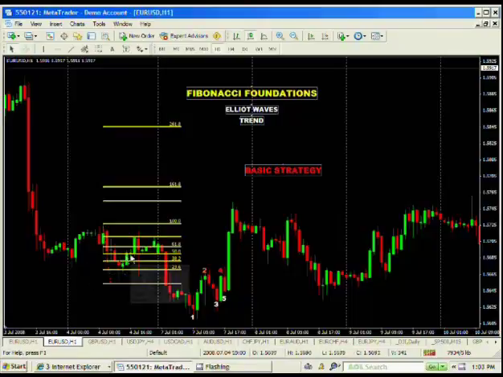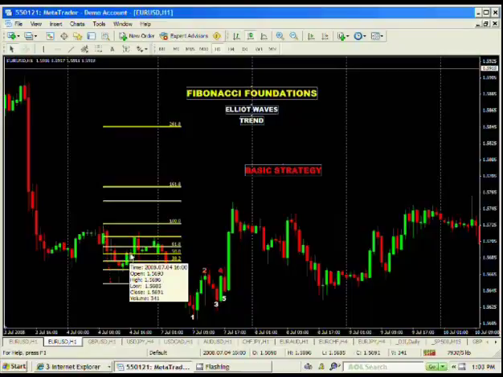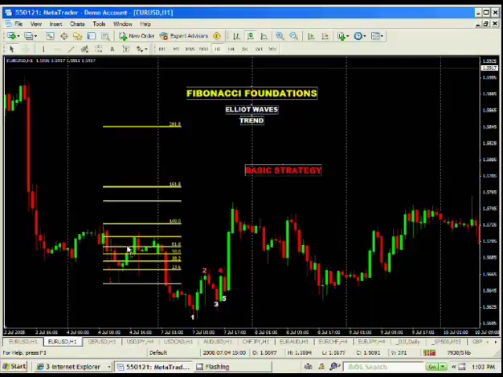And we can see here that on the way back up, price did not stop at 50%. If we were trading our Fibonacci method, we would be entering short right here at 50%, and then we would be entering short again right here at 61.8%.